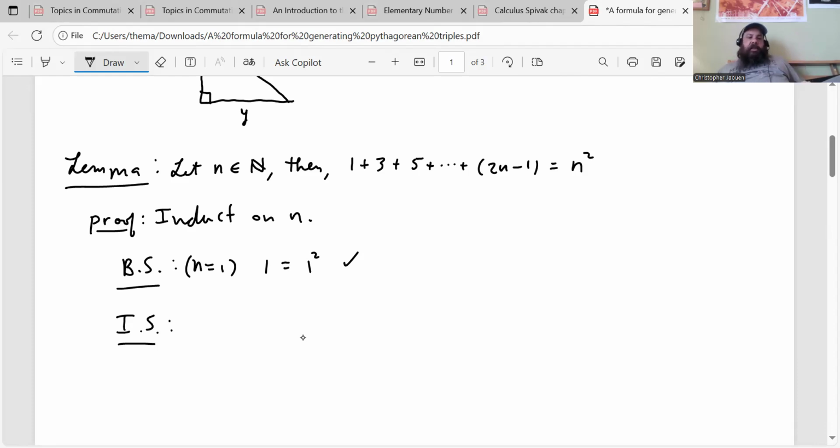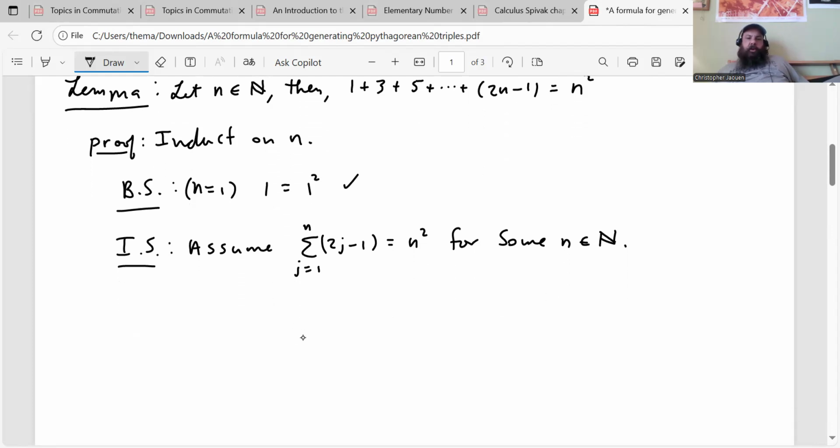And remember, the inductive step always starts with the inductive hypothesis. So assume the sum j going from 1 to n of 2j minus 1 equals n squared for some natural number n. And then we show that the formula works for n plus 1 as well.